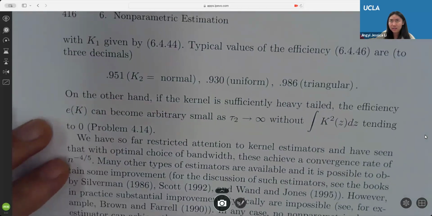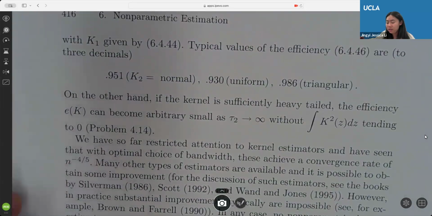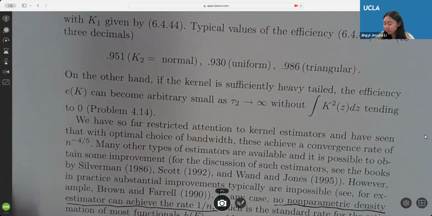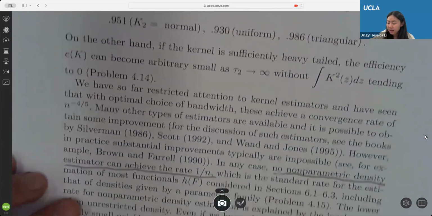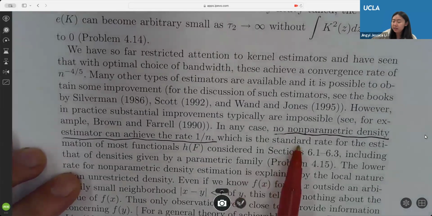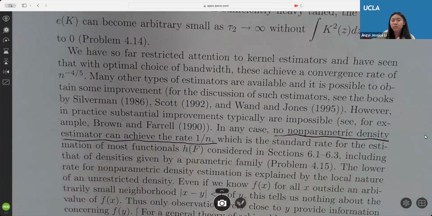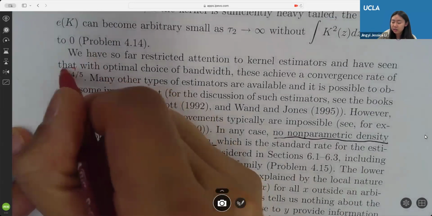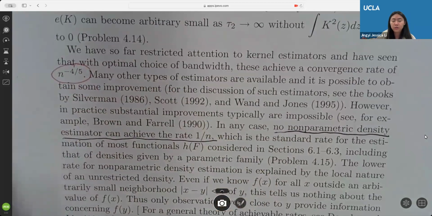Yeah, that is the optimal one. And normal is also in the middle. Okay. And this is something I already said before. No nonparametric density estimator can achieve the rate 1 over n. So that's just the reality. And our rate is this, n to the -4 over 5.